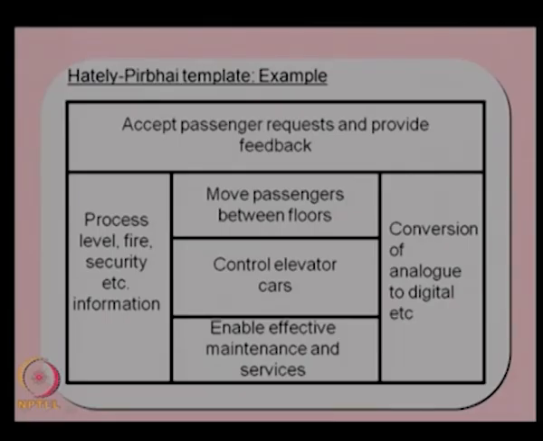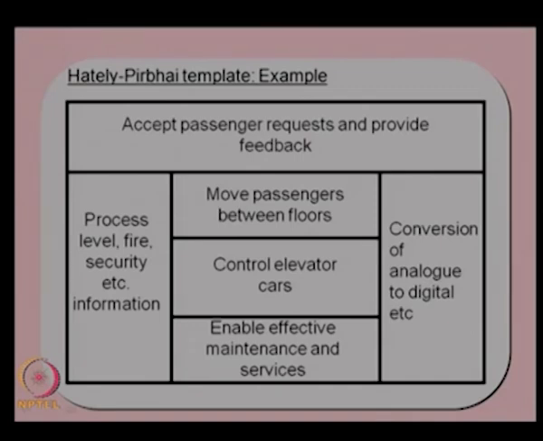So, as you can see here, the top level function has been divided into 5 sub functions. Here the sub functions are accept passenger request, process level fire security information, control elevator car, enable effective maintenance and services, and conversion of analog to digital data. So, these are the 5 sub functions.